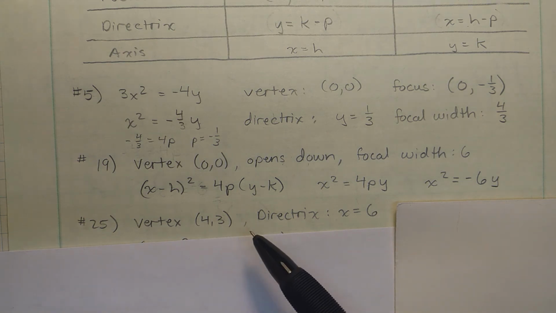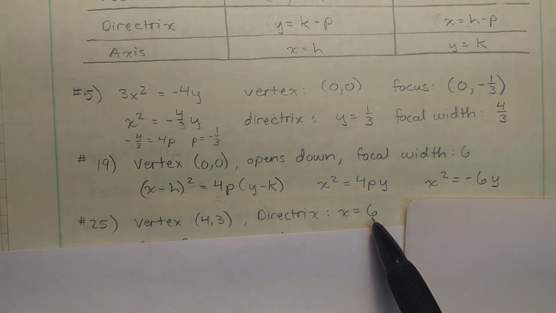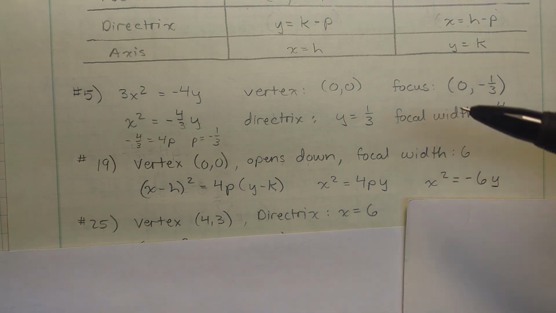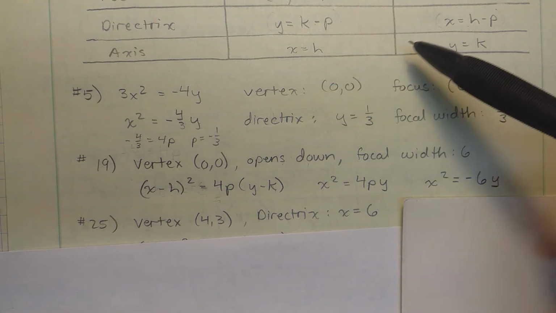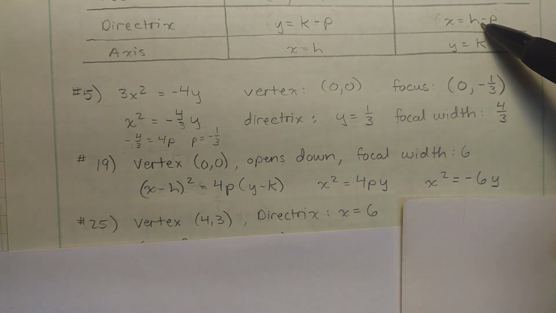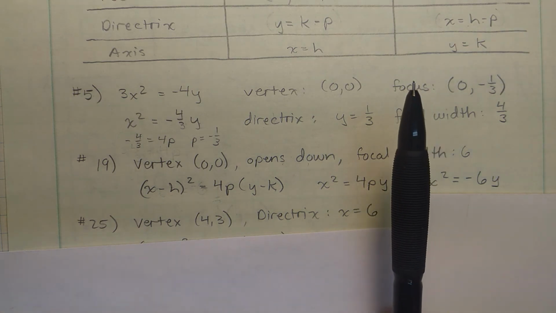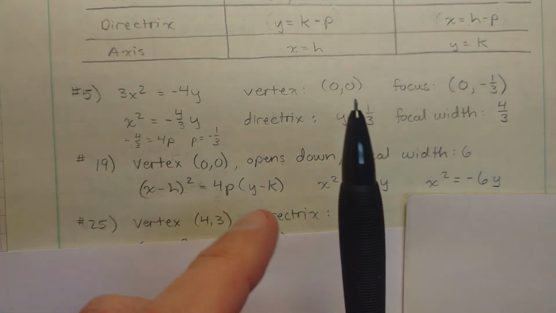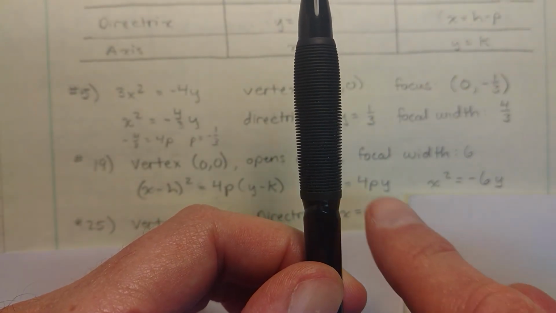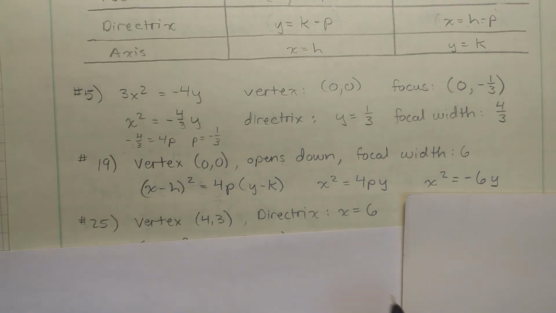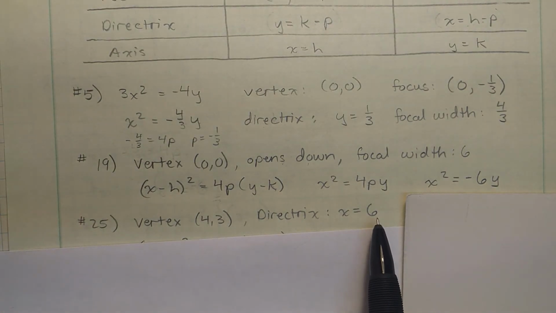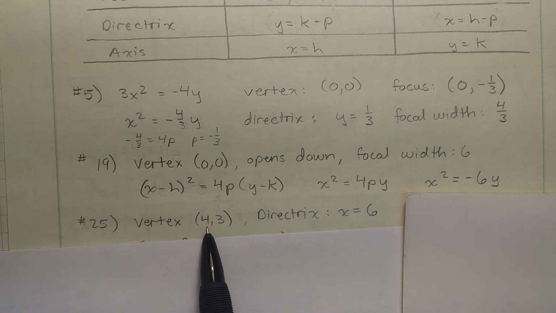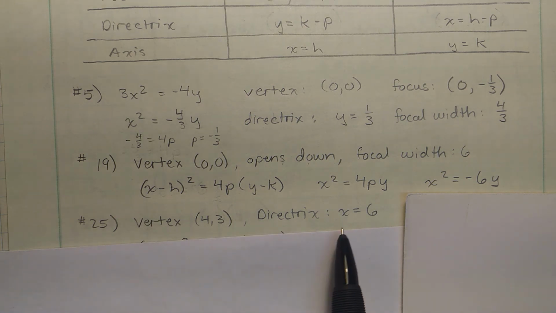My vertex is at 4, 3. Since the directrix is x equal to, it's a vertical line, so it's going to open left or right. The key thing here is that x equal to 6 is to the right of the 4 where the vertex is. So that means it must open up to the left.